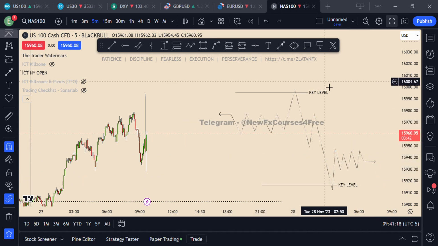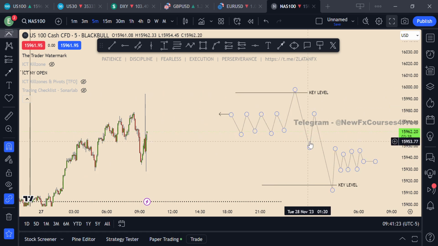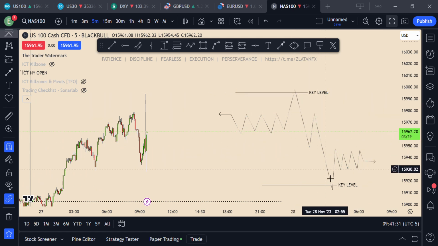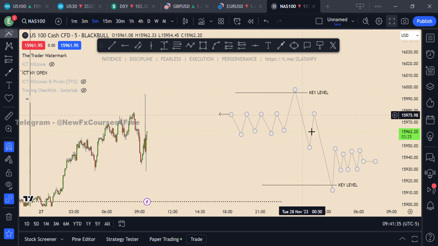Now you can either catch this right here or this right here, or this right here. You don't need to catch the whole range. You can catch just one piece of this and you're done for the day. Don't stress yourself trying to catch this whole range.